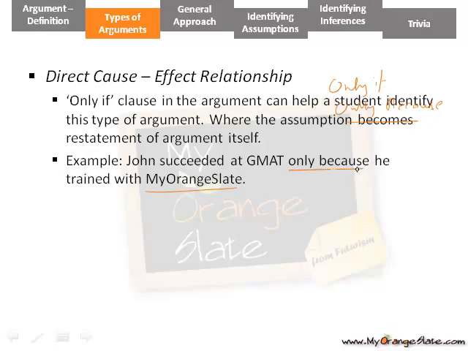Now this is the phrase that identifies this. There is a direct cause-effect relationship. The cause is his training with MyOrangeSlate and the effect is his success at GMAT. So in such cases, the assumption becomes a restatement of the argument: John would not have succeeded at GMAT had he not trained with MyOrangeSlate.